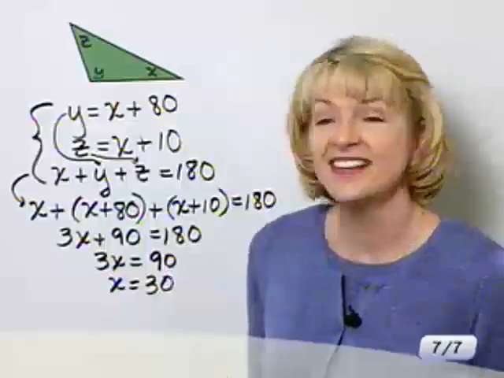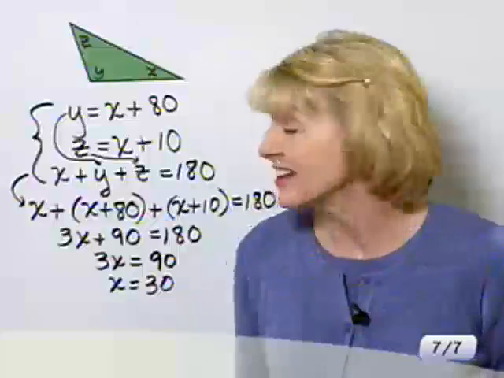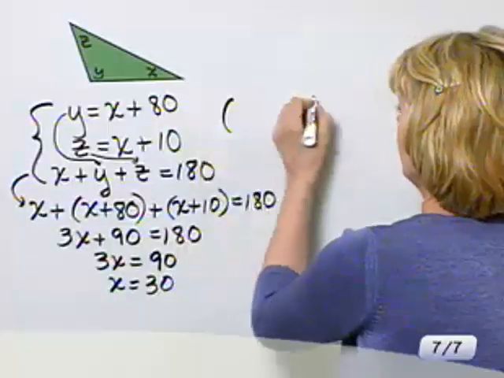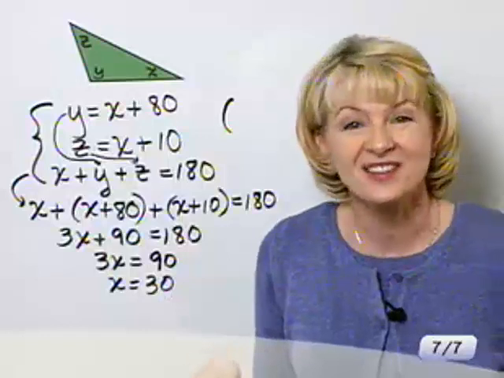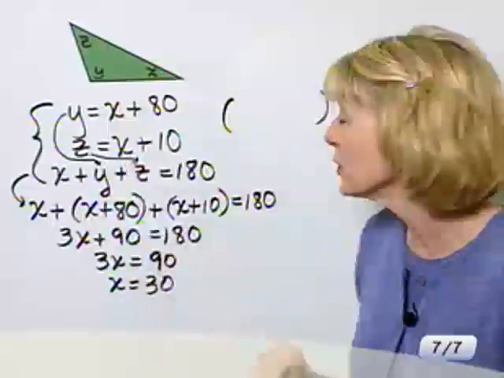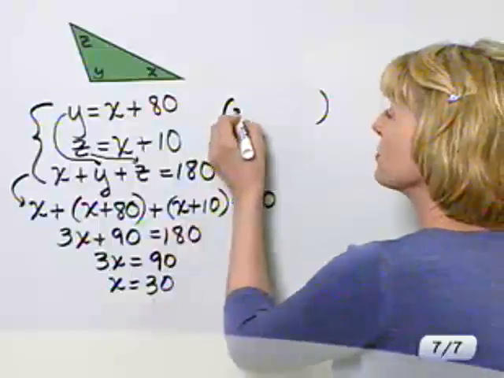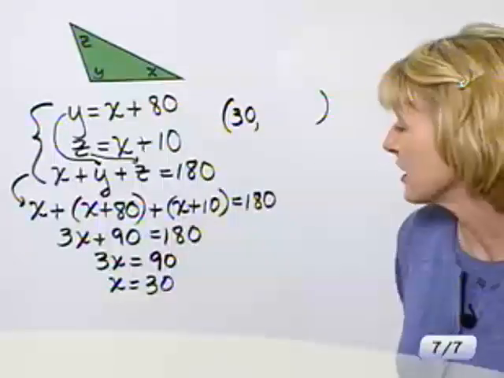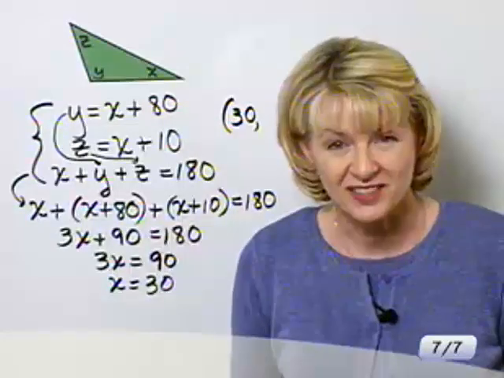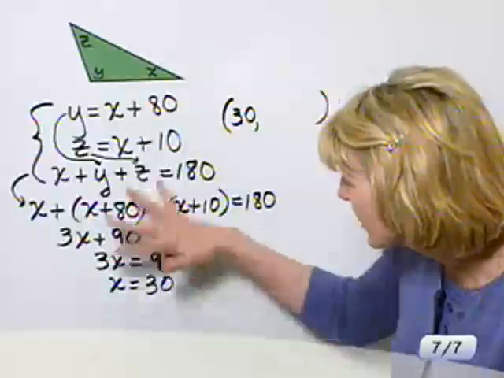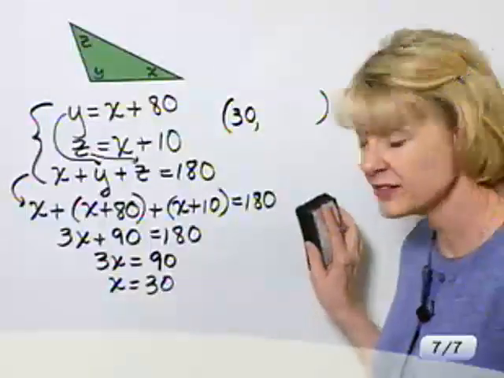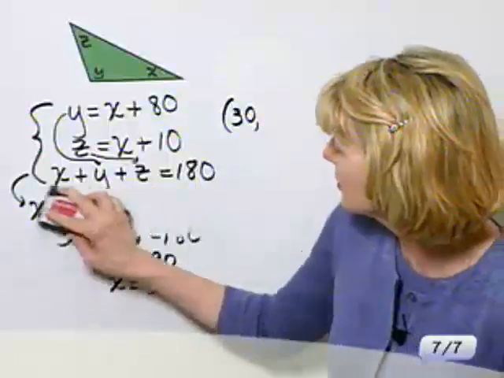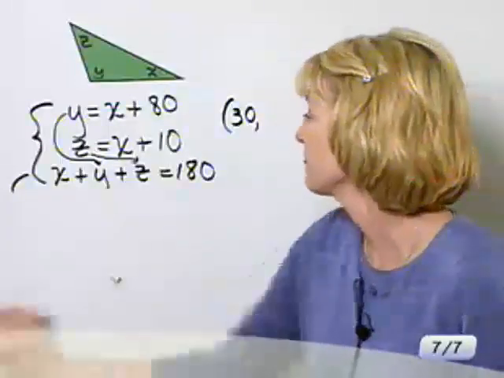Now for a moment, let's think of this as a system. The solution of this system of 3 equations in 3 unknowns is an ordered triple of numbers, and we know the X value is 30. How do we find the Y value or the Z value? Well, study this system for a moment. Now that we know X is 30, study your system.